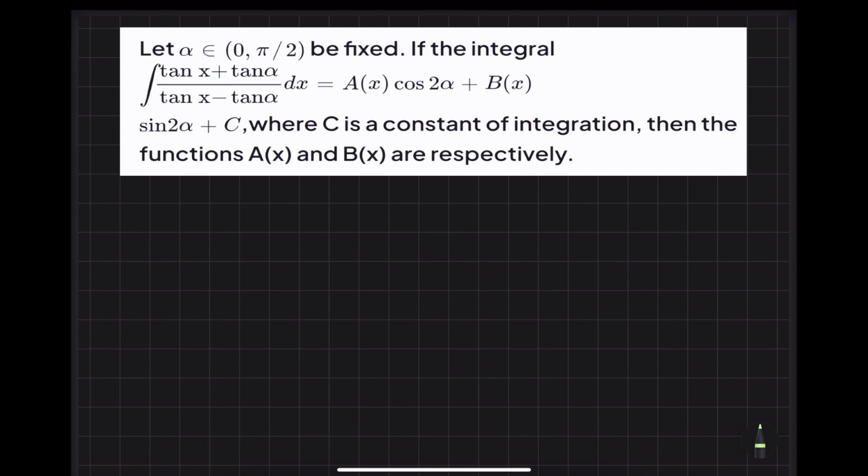So can I break down this question and write sine alpha? No, it's x first. So sine x by cos x plus sine alpha by cos alpha.